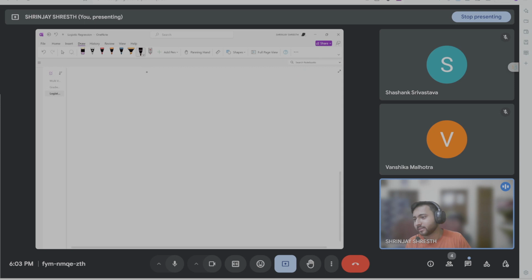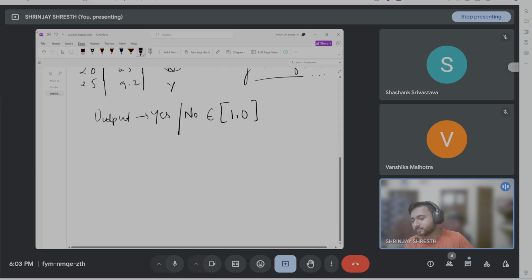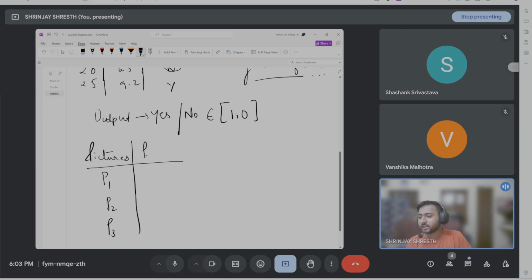ऐसा भी हो सकता है, you can have something like this कि you have some pictures, like P1 is your picture, P2 is your picture, P3 is your picture, and something like that. And you have this prediction if it is a cat, if it is a dog, if it is a human, something like that. ऐसा भी हम classify कर सकते हैं, right?